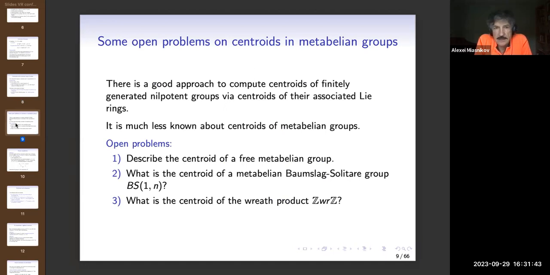It's very interesting to understand some open questions that I would like to discuss today. A lot of them are related to centroids, for example, how to compute these centroids. If you have nilpotent groups, you can go to the corresponding Lie rings and compute centroids there.